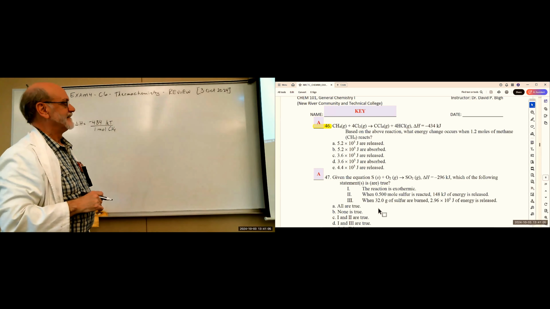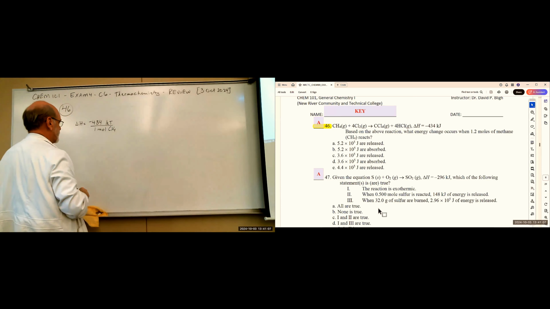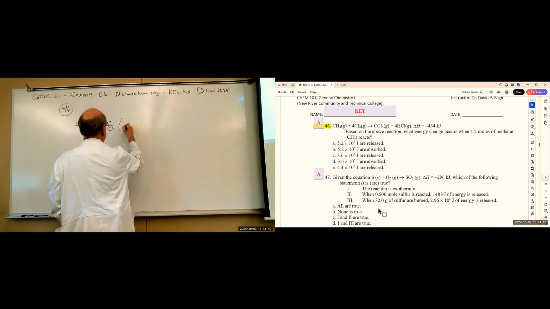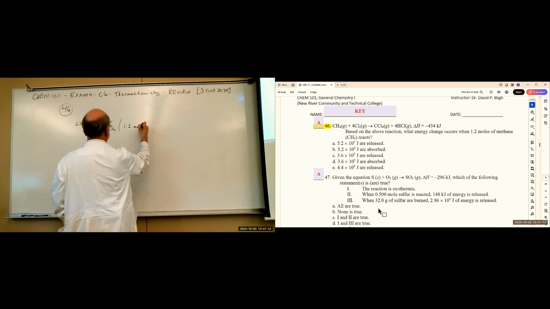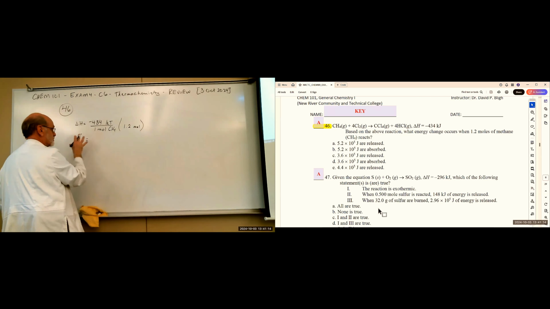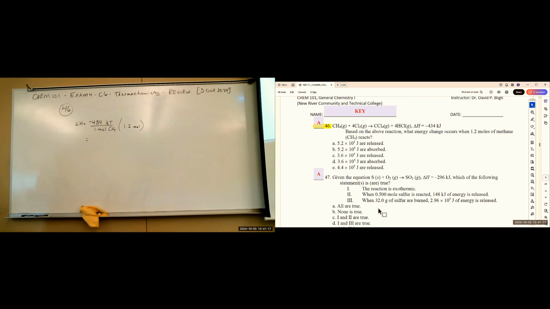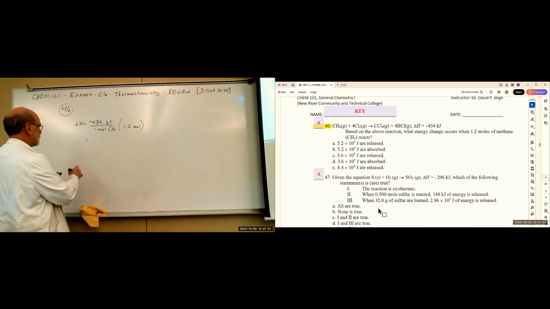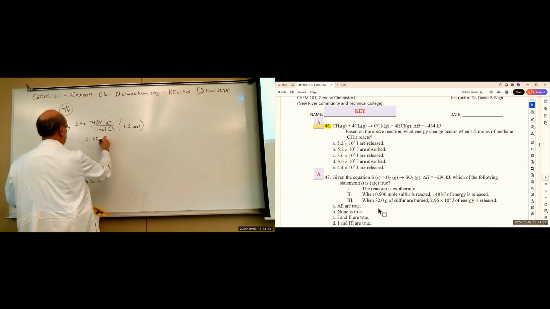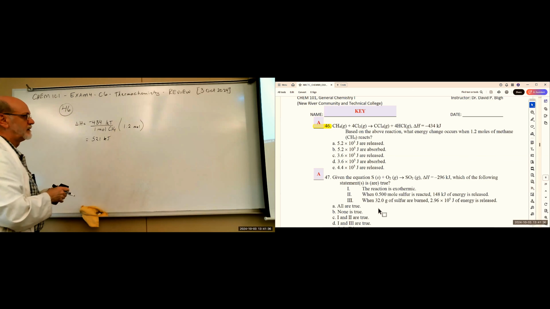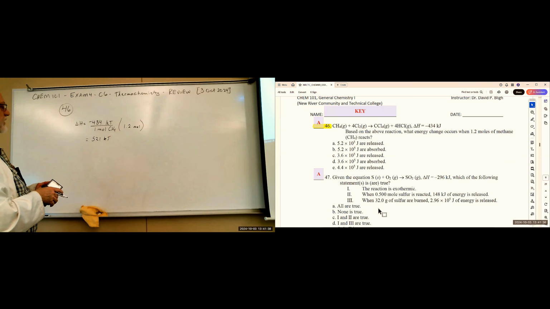Okay. 1.2 moles of methane are given. So all we have to do is multiply that times 434. Should give us our answer. 521 kilojoules. Or rounded off.